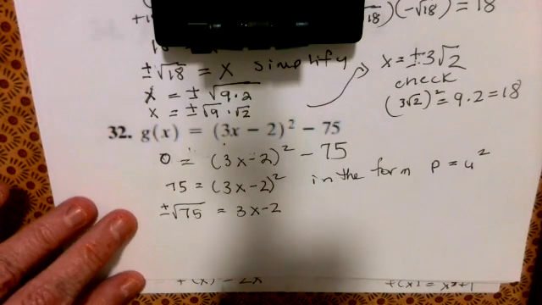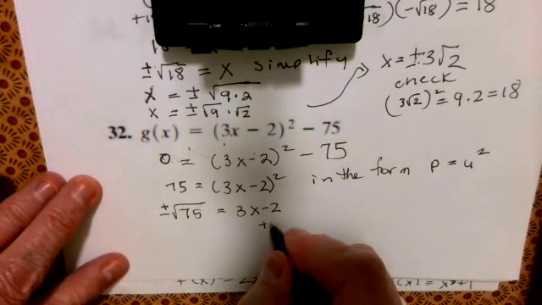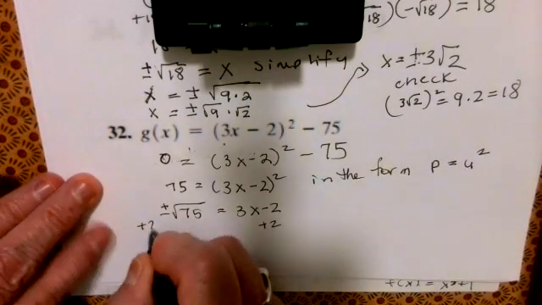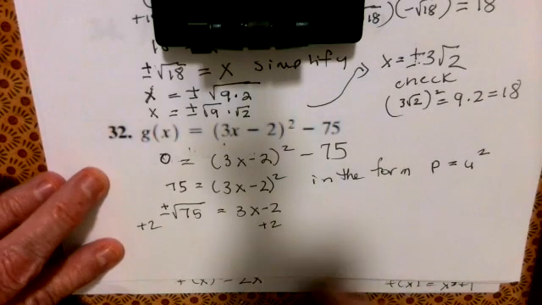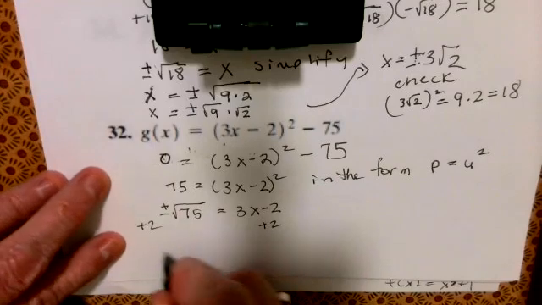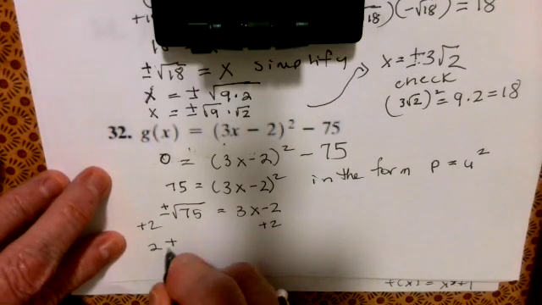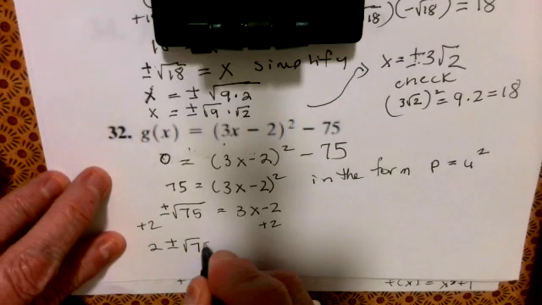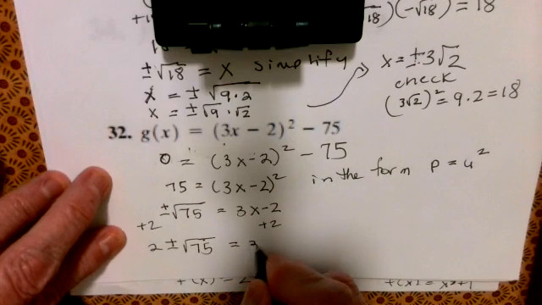And then what I need to do is add 2 to both sides. And that's going to look like this. It's going to look like 2 plus or minus the square root of 75 equals 3x.